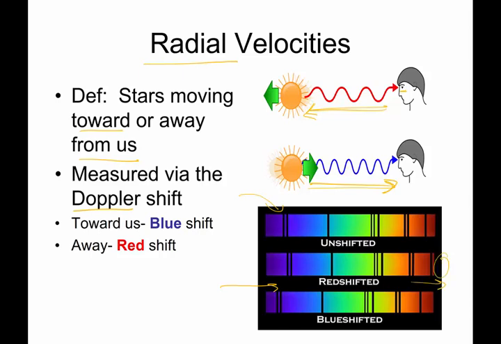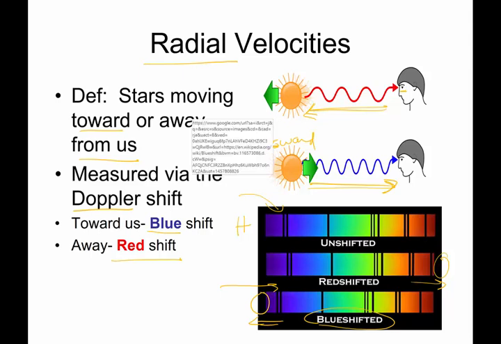If a star is moving towards us, the same hydrogen spectrum that we are used to seeing will be blue shifted, a little bit towards the blue end of the spectrum. So towards us is blue, away is red, and this is radial velocity if a star is moving away from us or towards us.